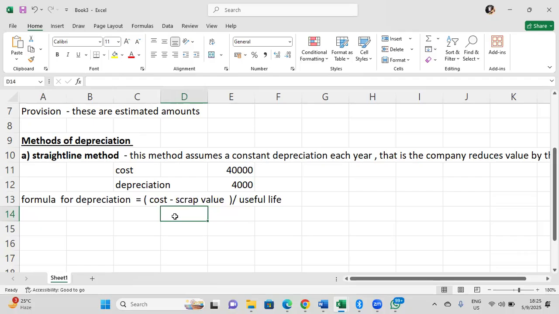Over the useful life, this is the period you expect to use the asset. That's the first formula.